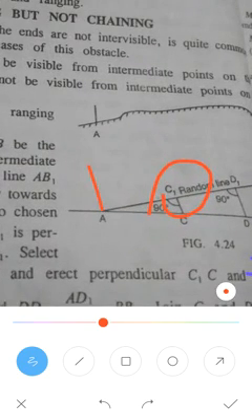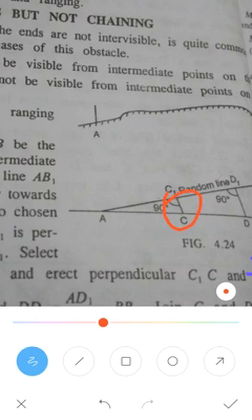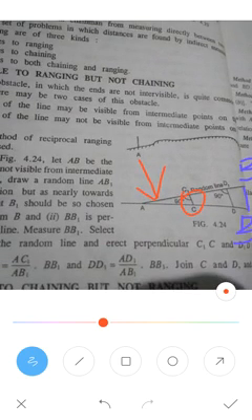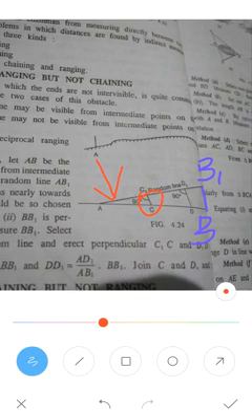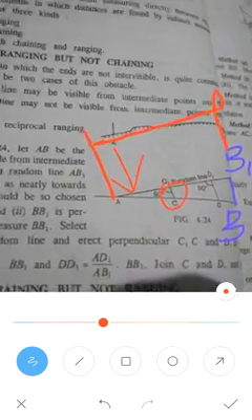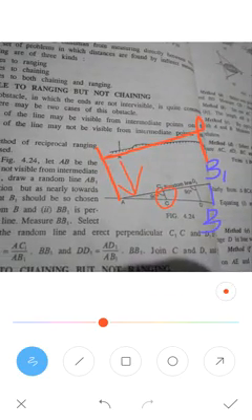So CC1 equals this into AB1, the total distance from A to B1, into BB1. This is the perpendicular distance.